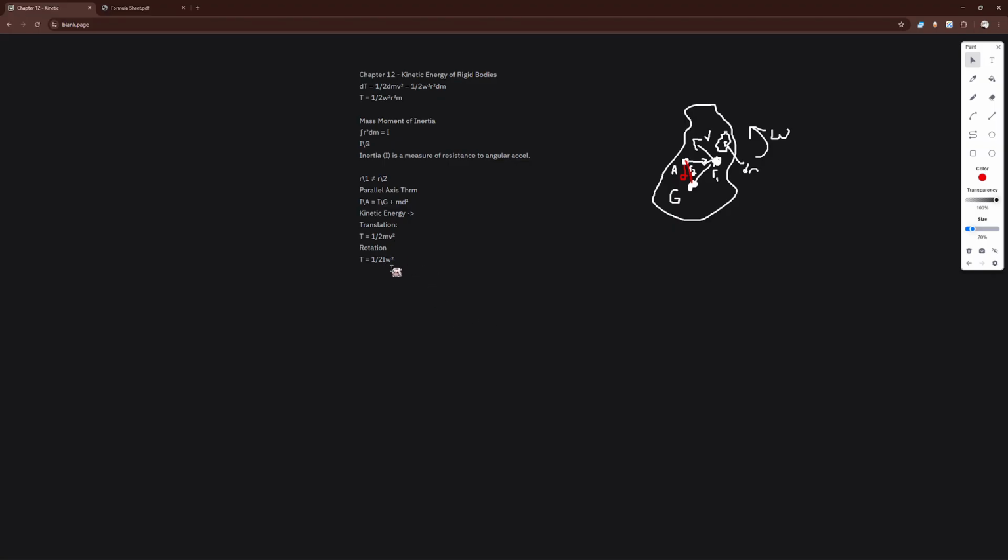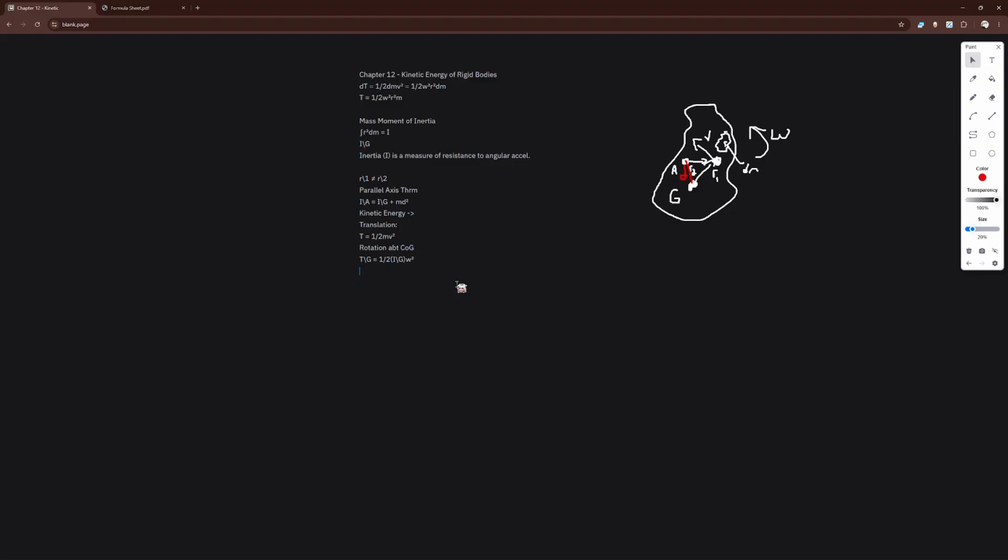As you can see, we're replacing mass from translation with I, and we're replacing v with omega, right? And this is about the center of gravity, so I should put this as Tg, and this as Ig, like so. Rotation about center of gravity.